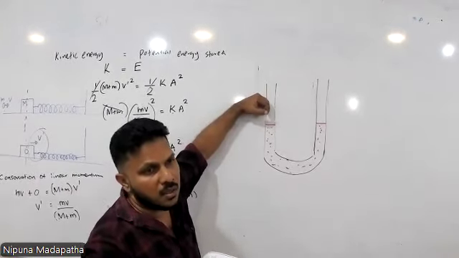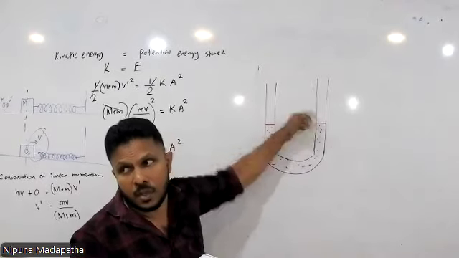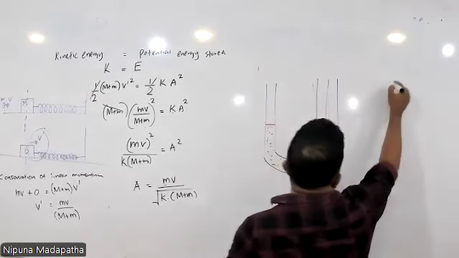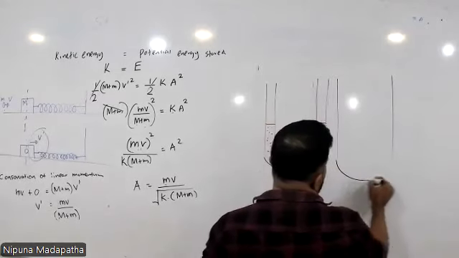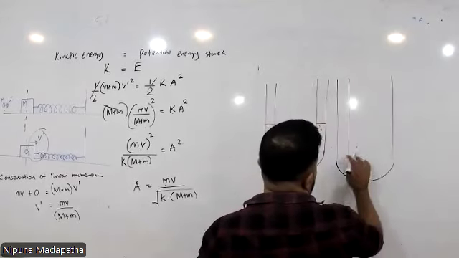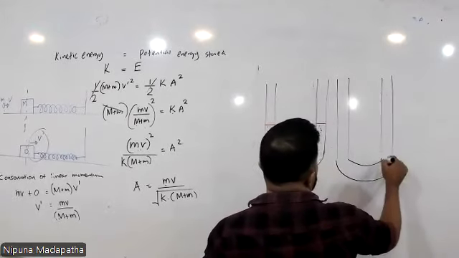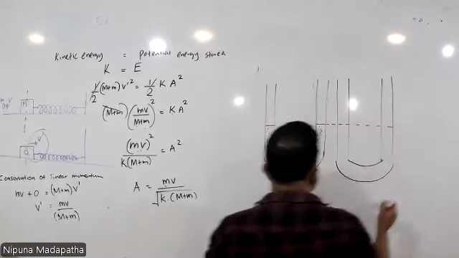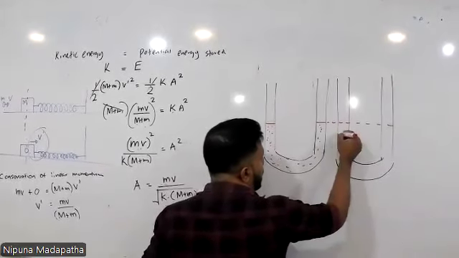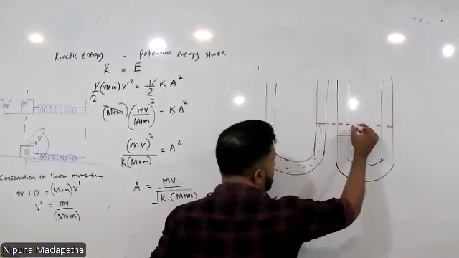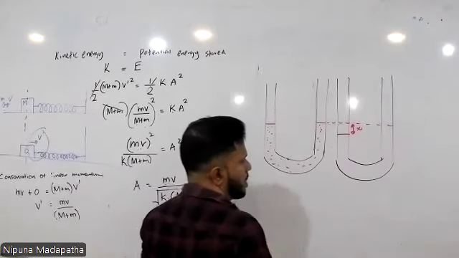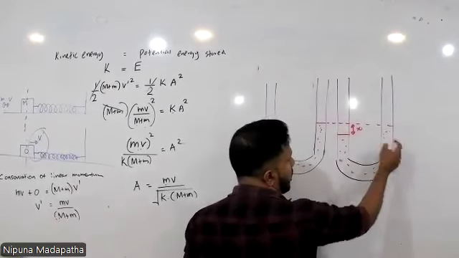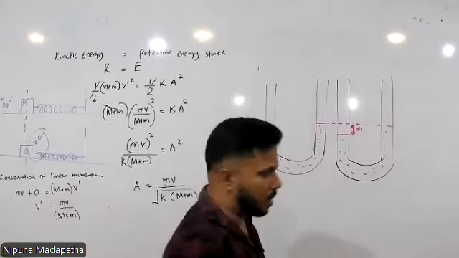When the pressure increases, the liquid column in this arm will go down. Suppose the liquid column has moved a distance x below the initial level. So what is the distance that the liquid column in the other arm will rise? Yeah, again x.